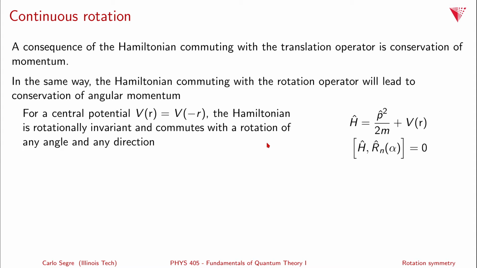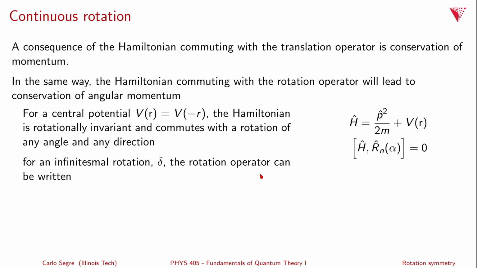And that means that it commutes with the rotation of any angle in any direction. So if you take a direction n, a unit vector n in any direction, and you apply a rotation around that axis, that operator will commute with H.